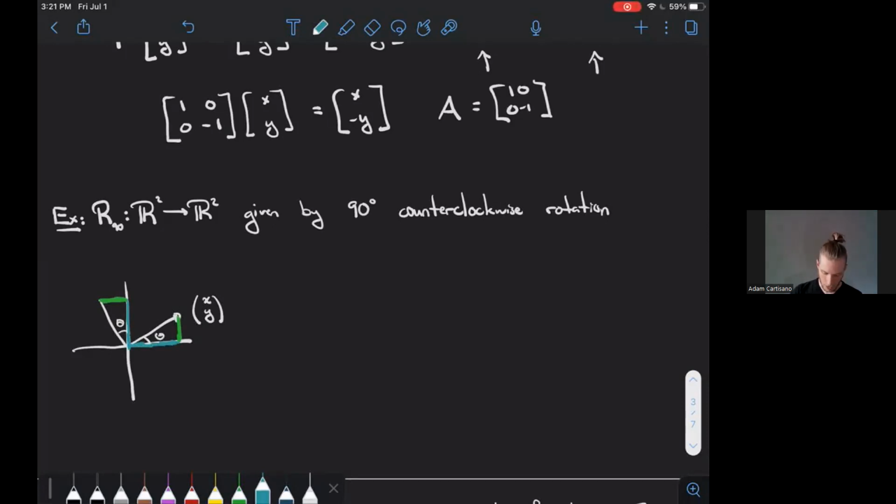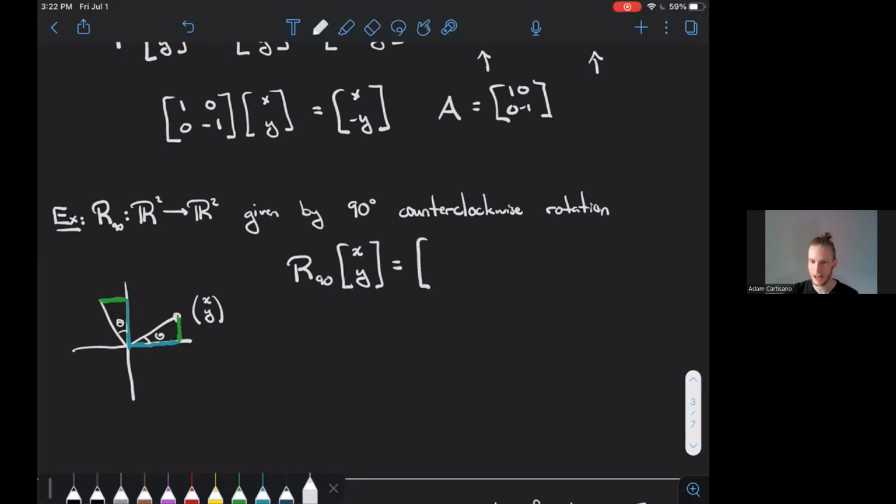So, what is R90 of xy? The x component, the green little line segment, is what was the y component.